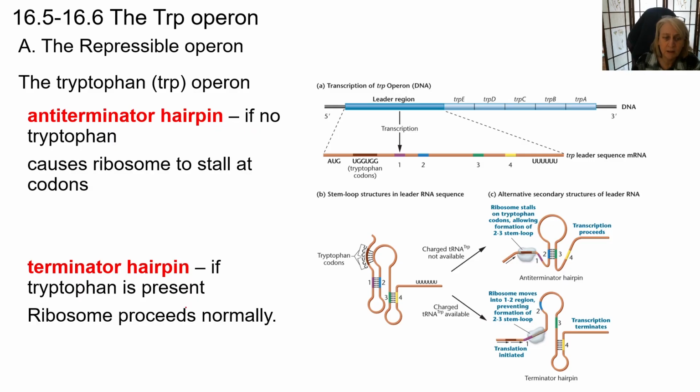The terminator hairpin is made if tryptophan is present. If the terminator hairpin is made, we're going to translate. If the anti-terminator hairpin is made, we are not going to translate. I don't know if these happy faces are how tryptophan feels about this, I guess.